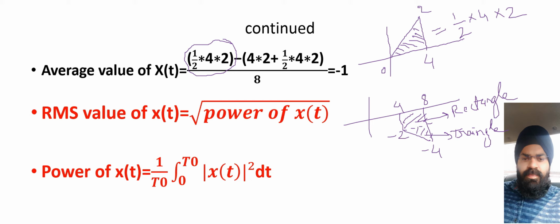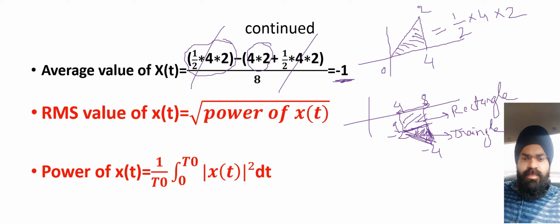Here the area of the rectangle is 4 into 2, plus the area of the triangle, which is half of base into height. The base is 4 and this height is 2, so this is half of 4 into 2. This and this will cancel, and the answer is minus 1.